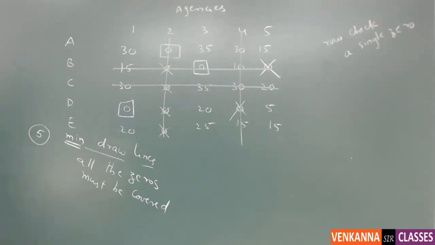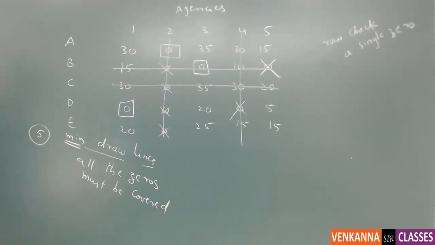Here I got 4 lines, isn't it? To cover all the zeros. So if you draw a line through D, how many lines you will get to cover all the zeros? Right?